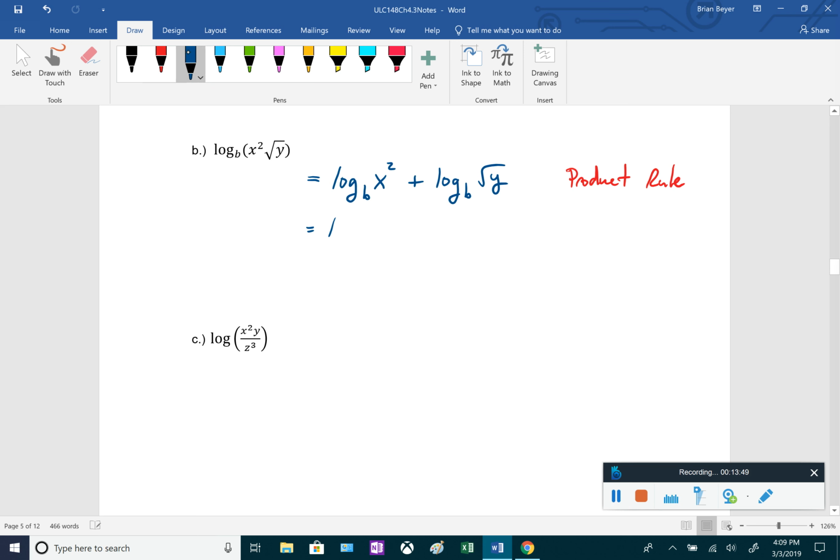And what I'm going to do next is rewrite the square root of y as y to the 1/2. And then we're going to use the power rule, so we're going to bring down those exponents. So it's going to be 2 log base b of x plus 1/2 log base b of y.